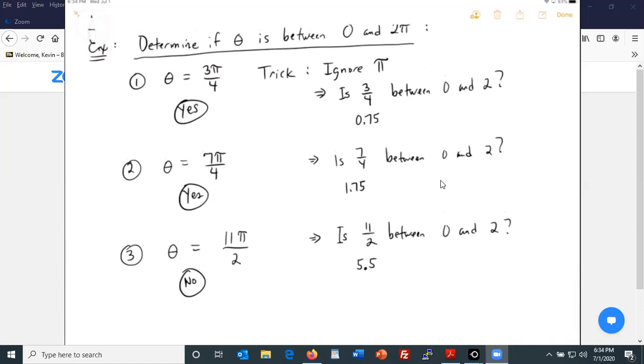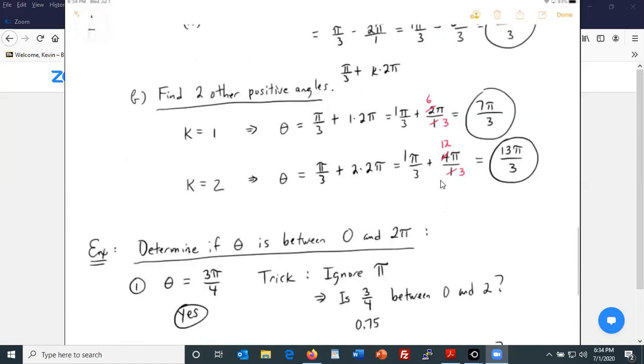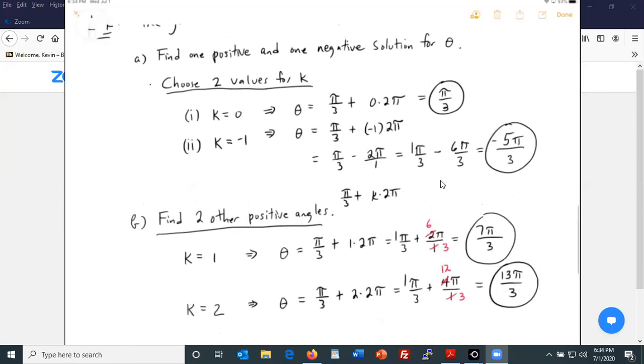Now, why do we need to go over this? Well, when you solve equations like up here, okay, when you have a problem that says include only the answers that are between 0 and 2 pi, like some of these that are circled here on the screen, we would scratch those off because some of these are more than 2 pi. And of course, the negative one would not be included because 0 to 2 pi is a positive range. So you would scratch off the negative.